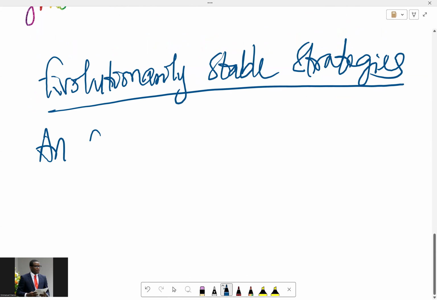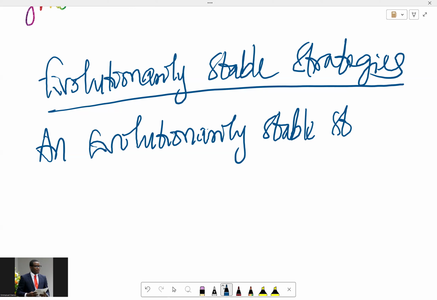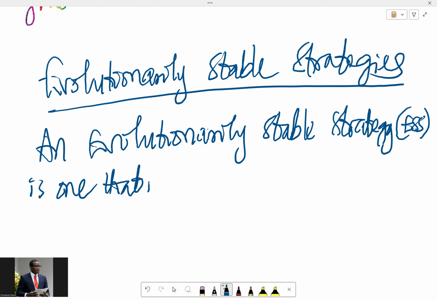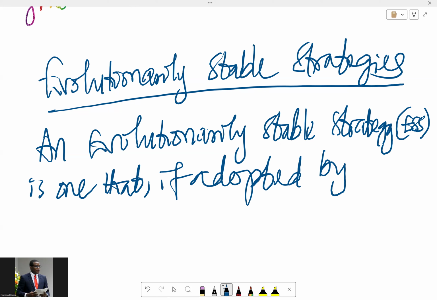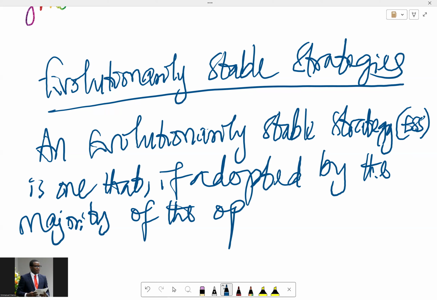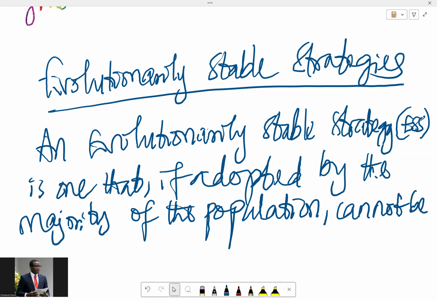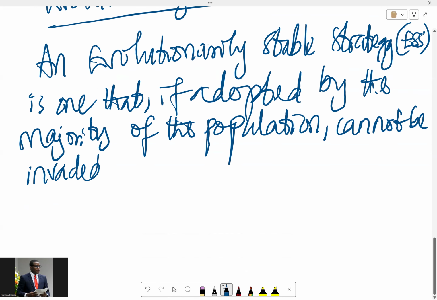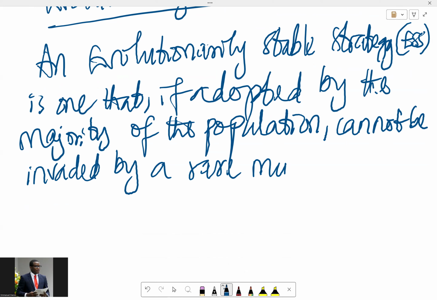An evolutionarily stable strategy, or ESS, is one that, if adopted by the majority of the population, cannot be invaded by a rare mutant strategy.